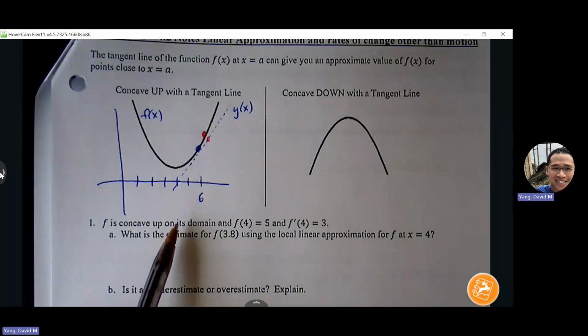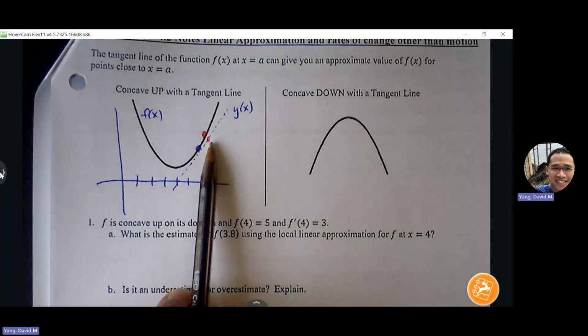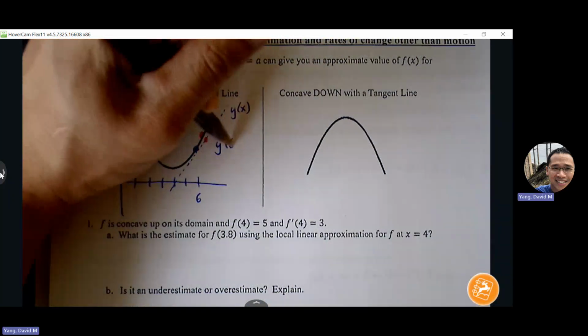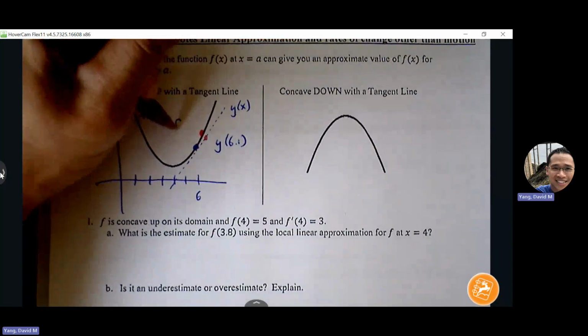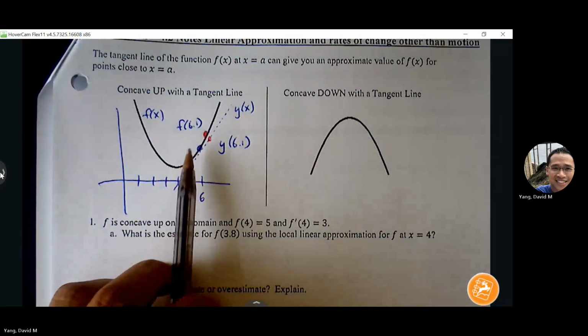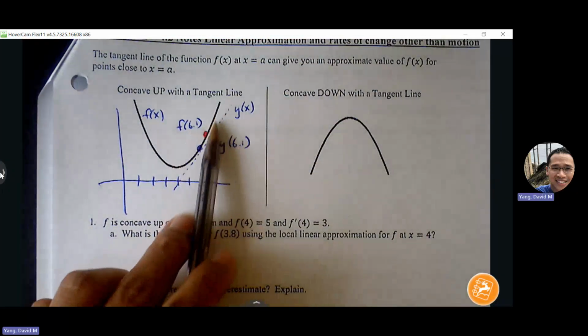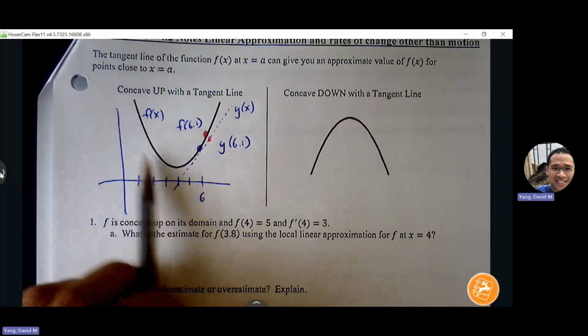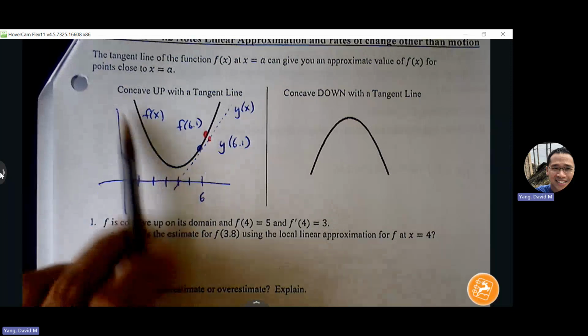The approximation is using the line. So how is y of 6.1 going to compare with f of 6.1? Which one is higher? The f, right? So the graph is going to be higher. What if the tangent line was elsewhere? What if it was over here or over here?